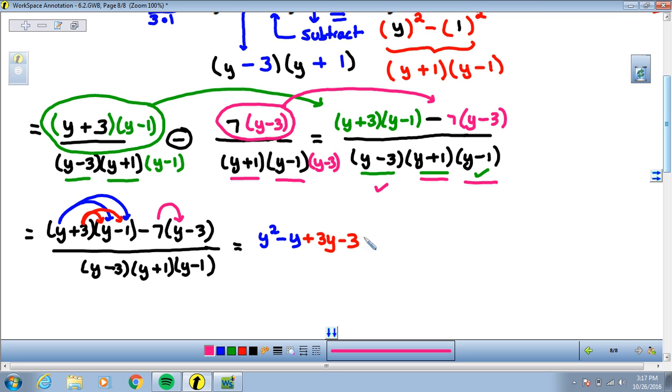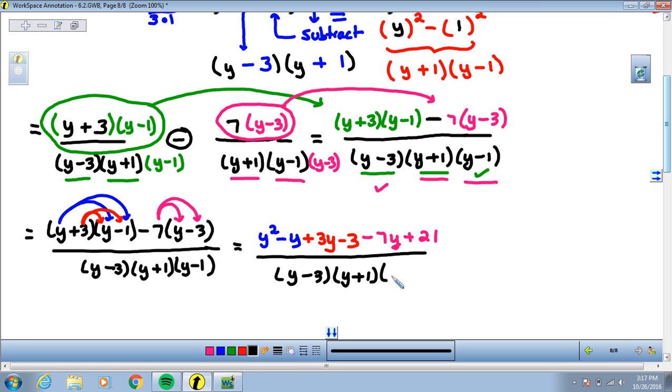Negative 7 times y is negative 7y, and negative 7 times negative 3 is positive 21. Everything over my least common denominator, which is y minus 3, y plus 1, and y minus 1.